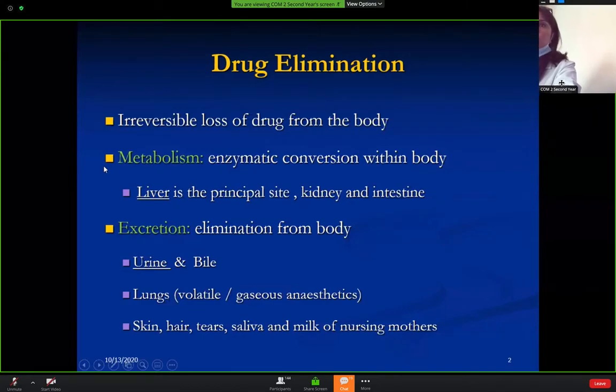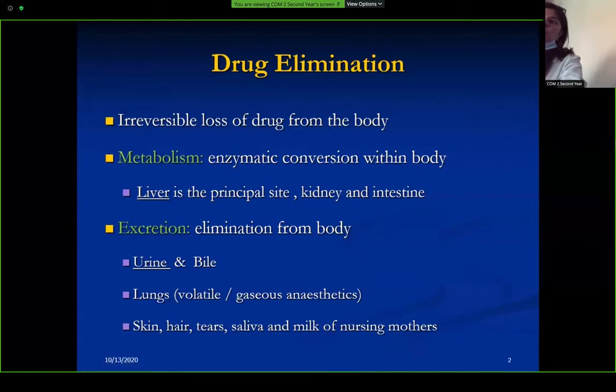So you have the metabolism, and the liver is the most important organ responsible for metabolizing. When I say this, it means if you have any disease or dysfunction, what does it mean? It will affect what? You have a liver problem.